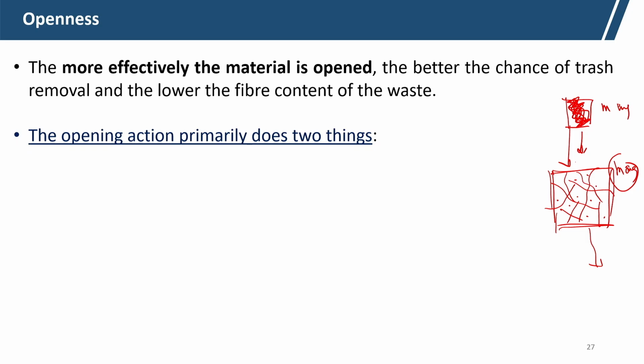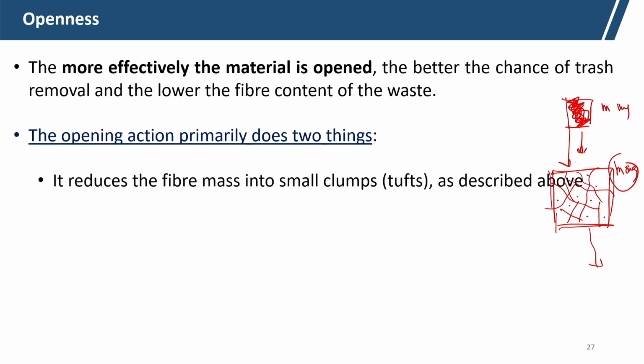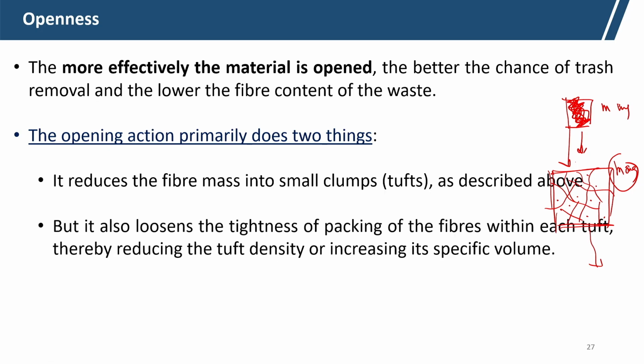Opening as an action primarily does two things. One is it reduces the fiber mass into small clumps, and also loosens the tightness of the packing, as I have already shown in this diagram of fibers of each tuft, thereby reducing the tuft density, or increasing the specific volume.